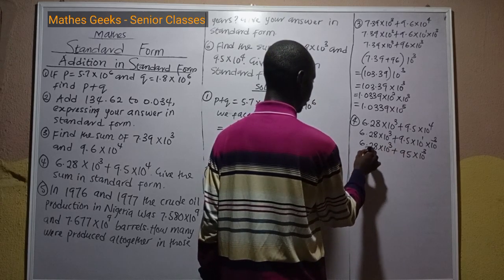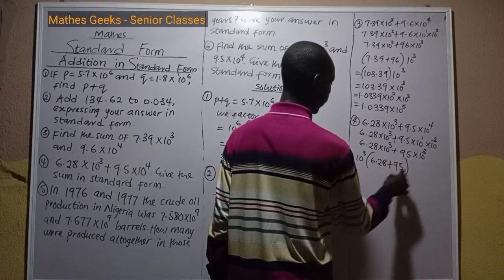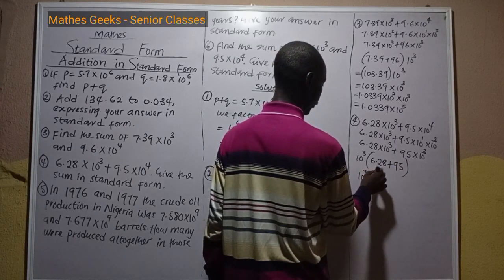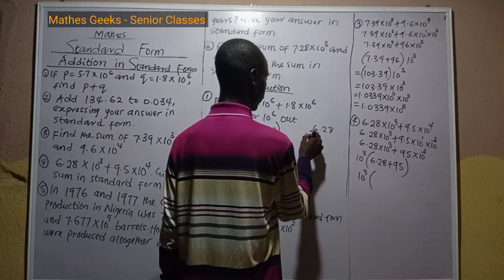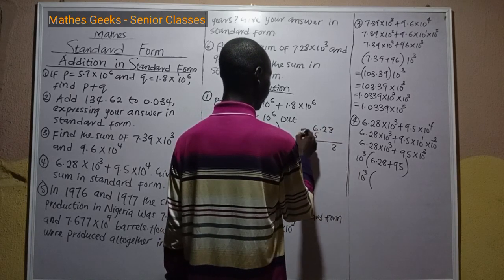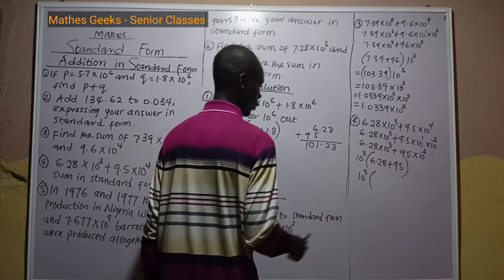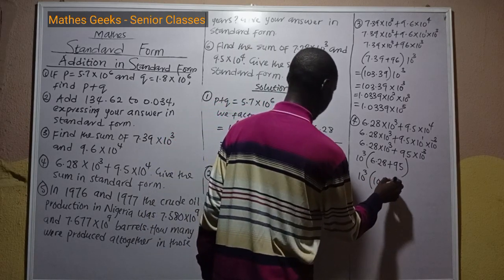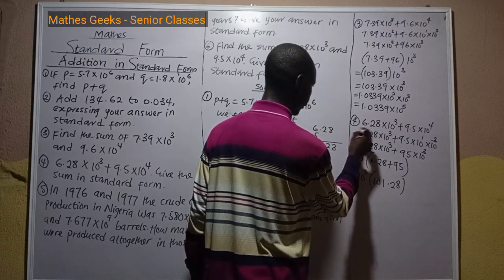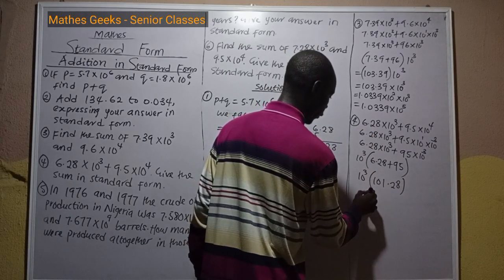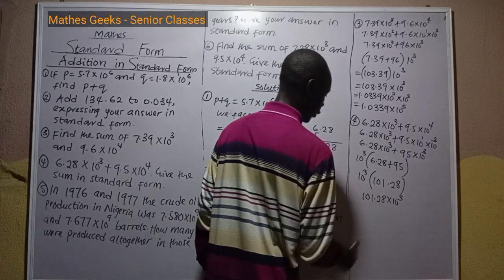So 10 raised to the power 3 times 6.28 plus 95, which is 101.28, equals 101.28 times 10 raised to the power 3.